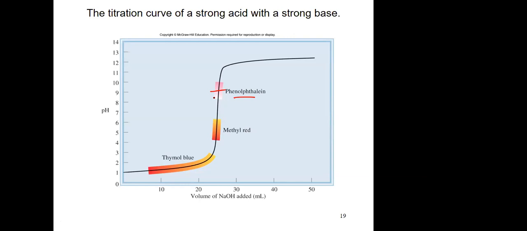If it's below 9, it's colorless. Methyl red is yellow above 5, and red if it's below 5. Thymol blue is yellow above, let's say, pH 2, and below 1.2 it's red.